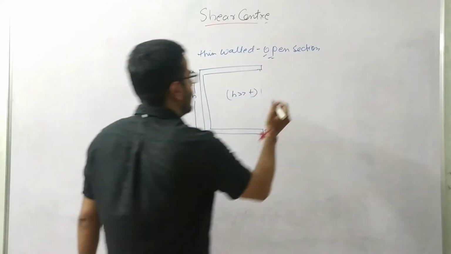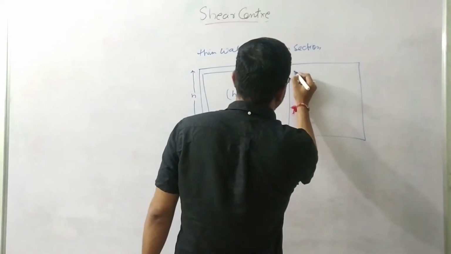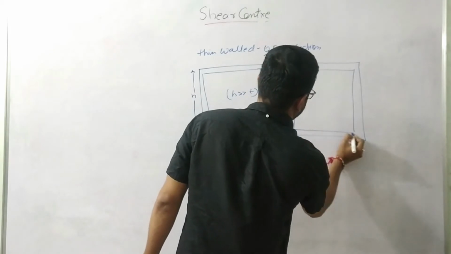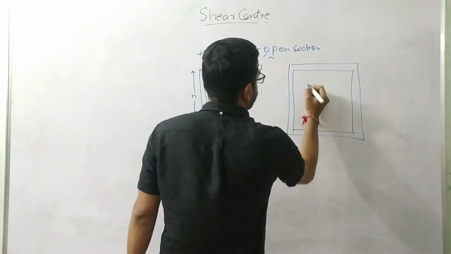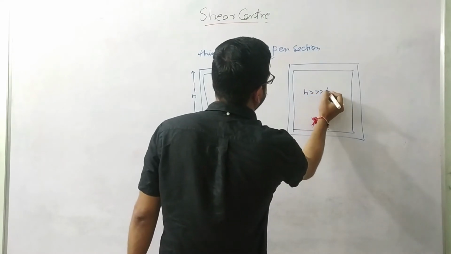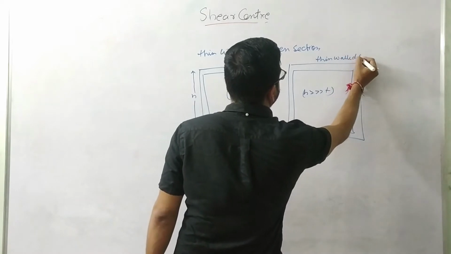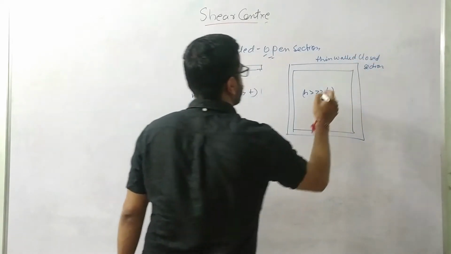If it is closed, then it is called a thin walled closed section, and here also h is much greater than t. This is a thin walled closed section, or you can say a thin walled box section.